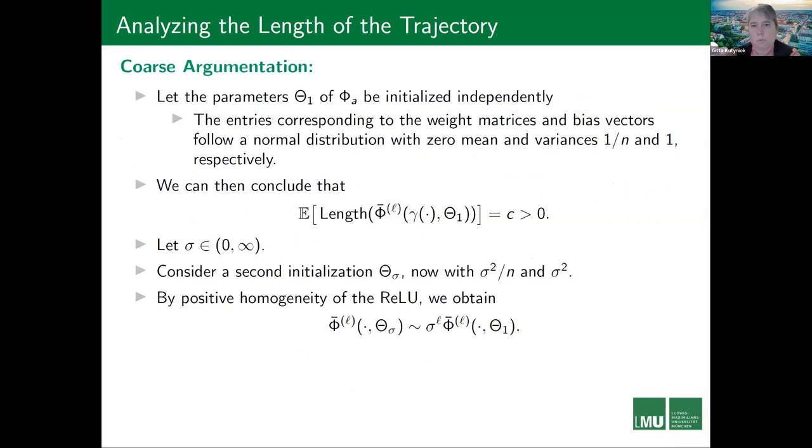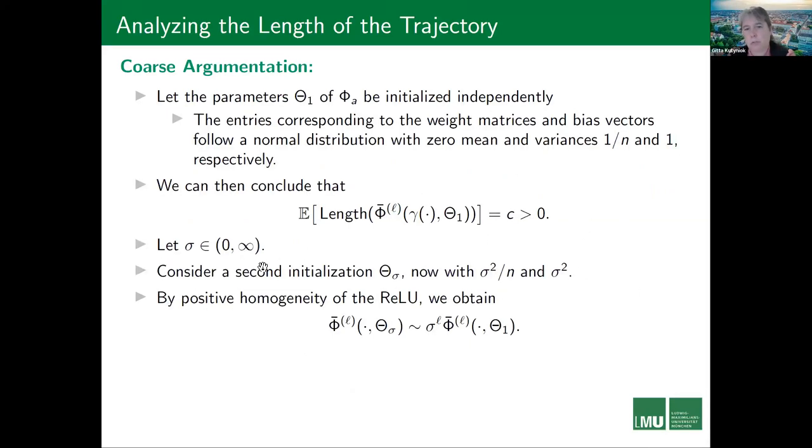And so then I'm going to analyze the length, look at the expected value of that, and so you can, for instance, follow an argumentation of this type. If you start with parameters of your realization, which follow a certain distribution, then one can argue that the expected value of the length, if you push your curve through, is positive.